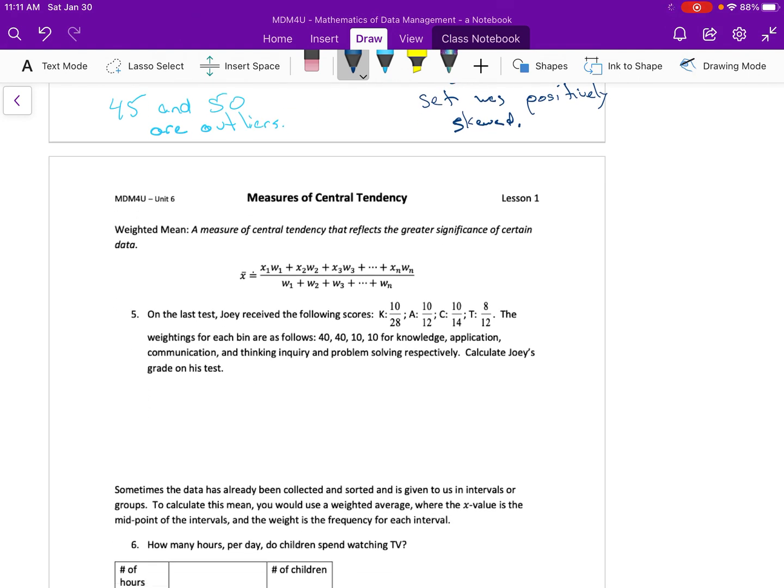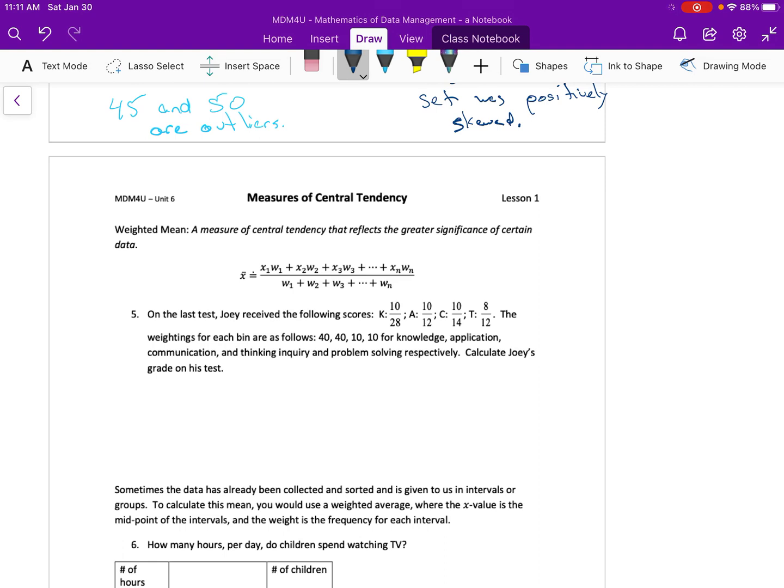Okay, a couple other things to do with the mean: it can get a bit more complex when you have weighted means. For example, in your math course, we generally weight the different categories of knowledge, thinking, communication, and application with different weights. Knowledge and application are weighted at 40%, and the other two are weighted at 10%.